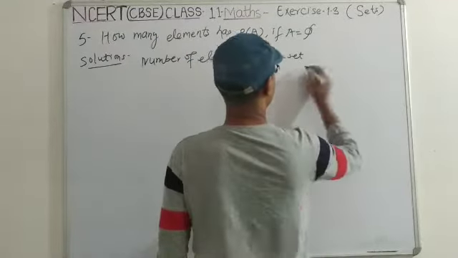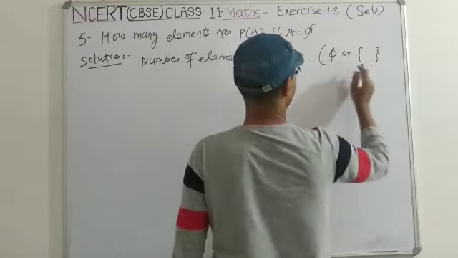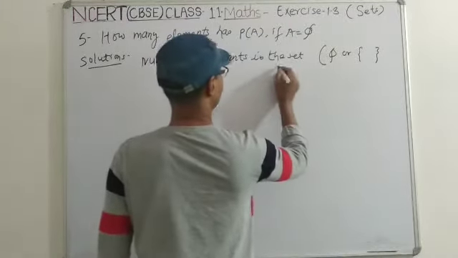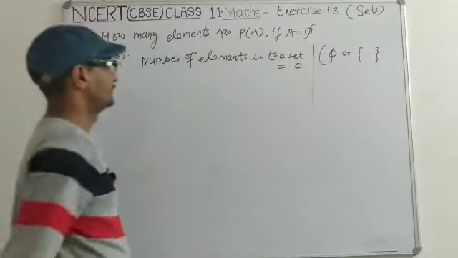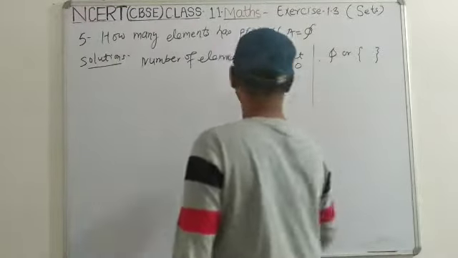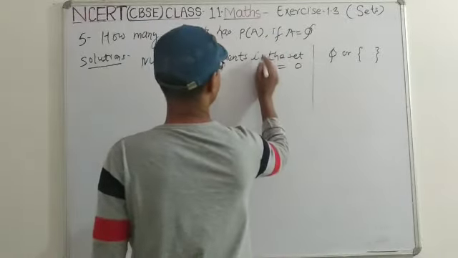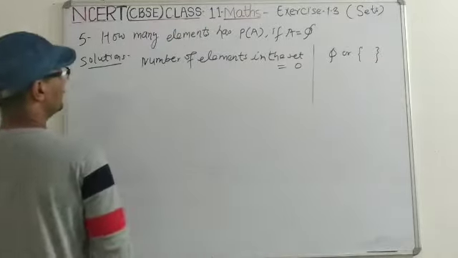Phi means the empty set, 0 elements, there are not any elements. So the number of elements in the set is equal to 0.